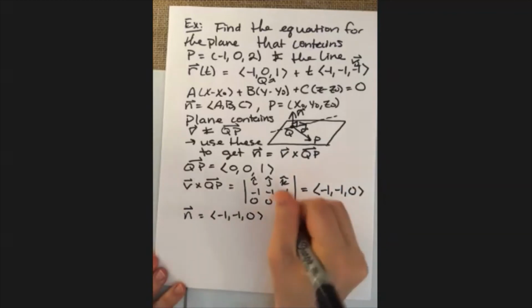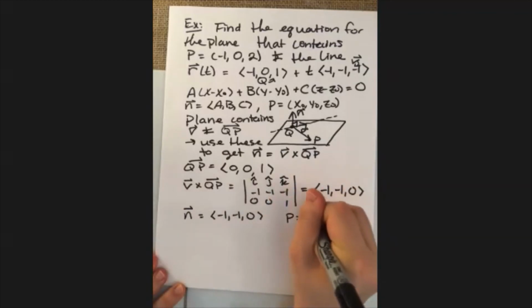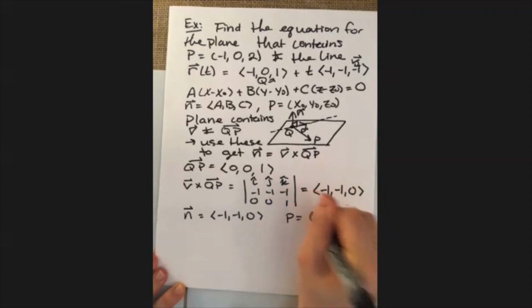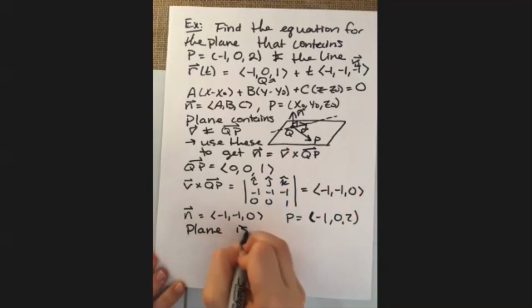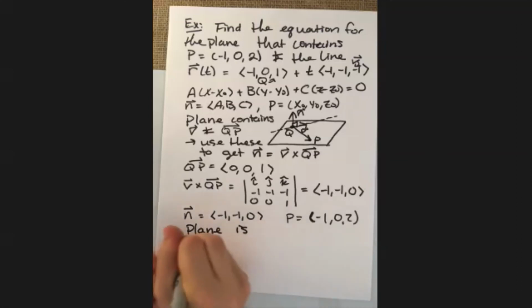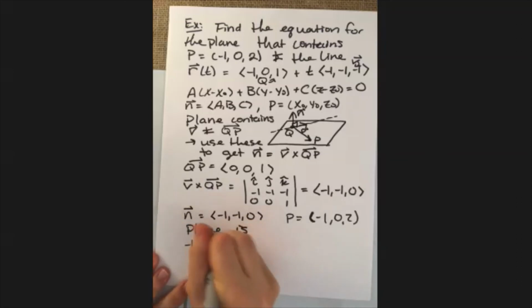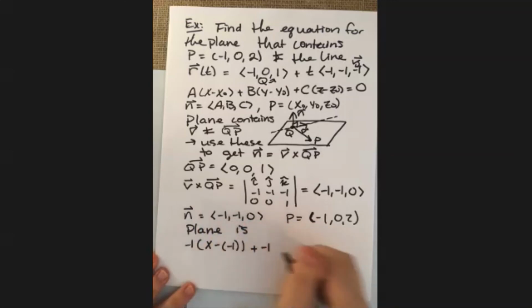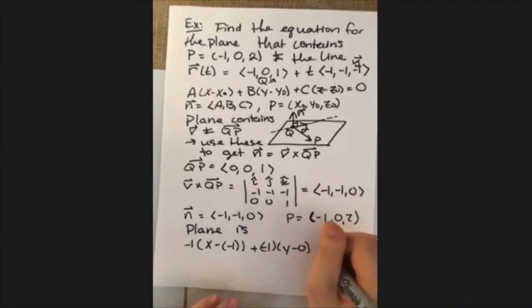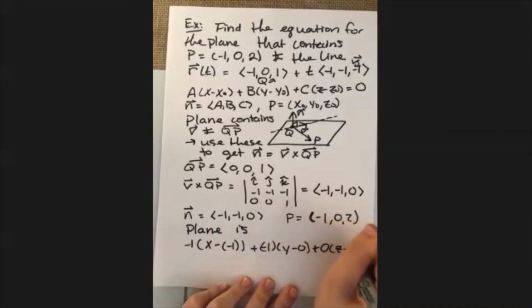So we take this along with the point P equals (-1, 0, 2). And our plane is going to be given by -1 times (x minus -1) plus -1 times (y minus 0) plus 0 times (z minus 2).